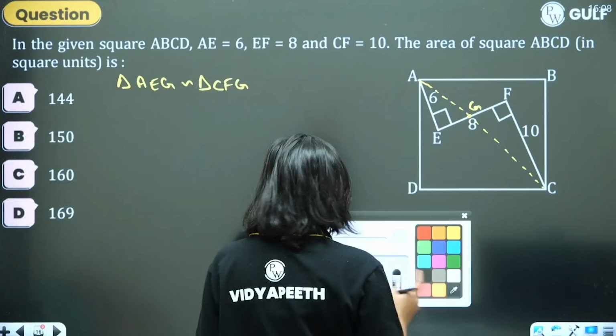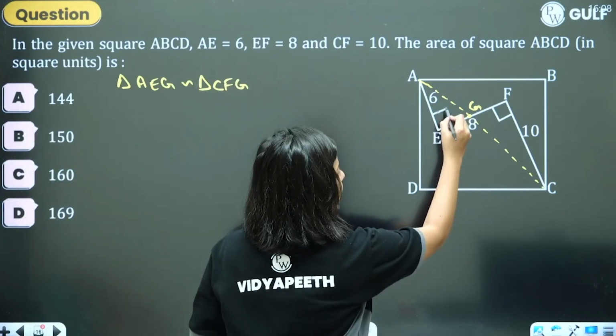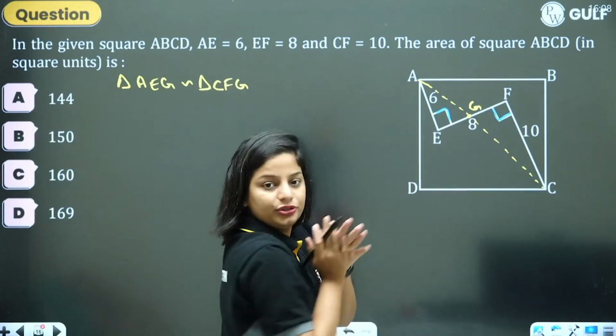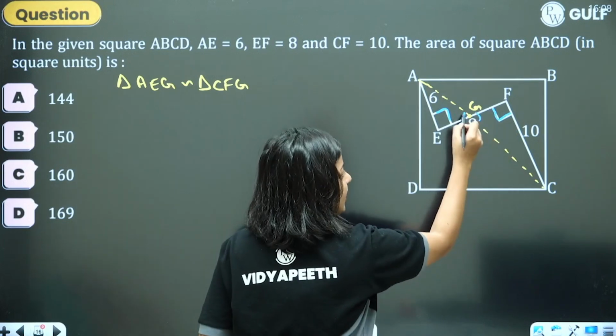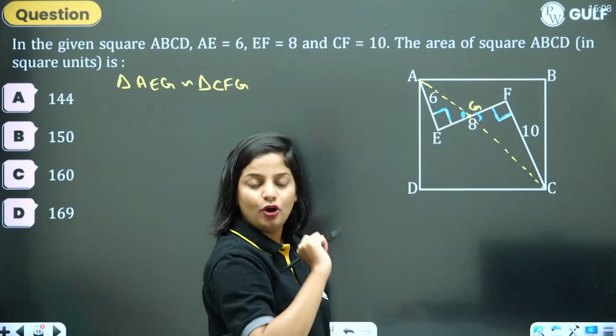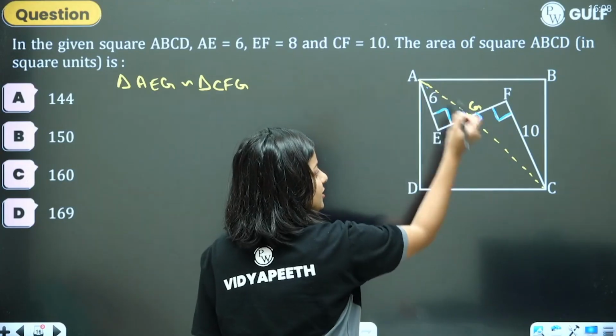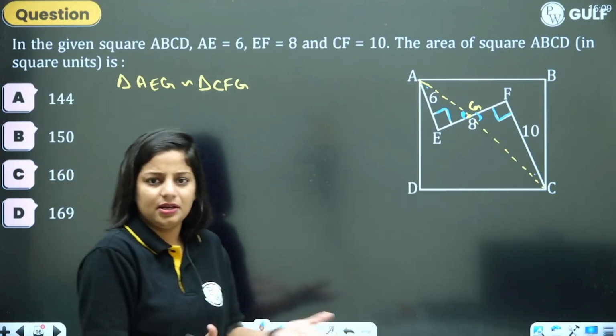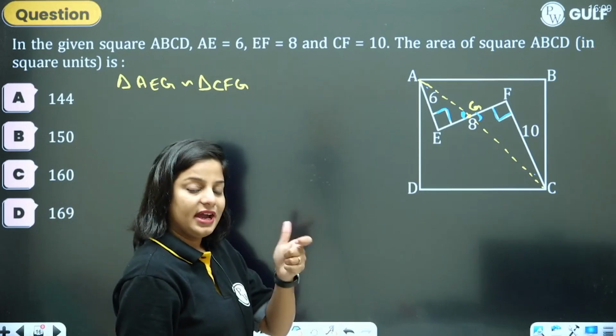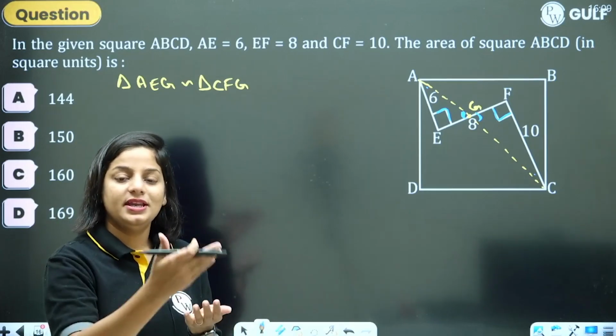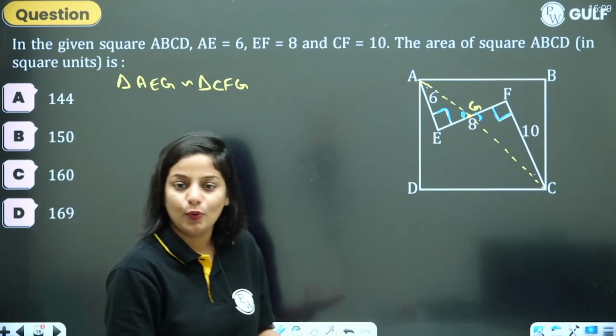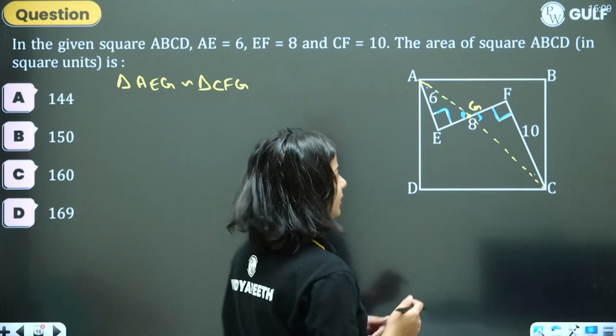Why is it similar? In case you are wondering, one angle is 90 degrees in both the triangles. These two angles will be equal, vertically opposite. So if these two angles are equal, these two will also be equal and become similar triangles. Now if triangles are similar, what happens to the remaining sides, remaining angles? They also are in proportion.